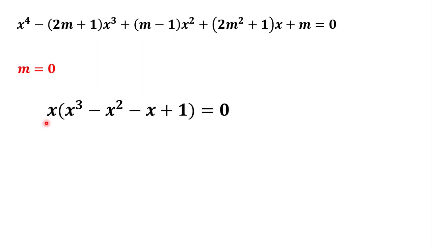Then setting each of these expressions equal to 0, from the first equation we can find the first root of this equation. This is 0. To find other roots of this polynomial, we need to solve this equation.